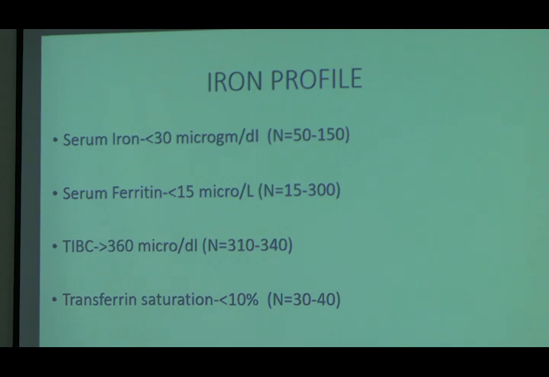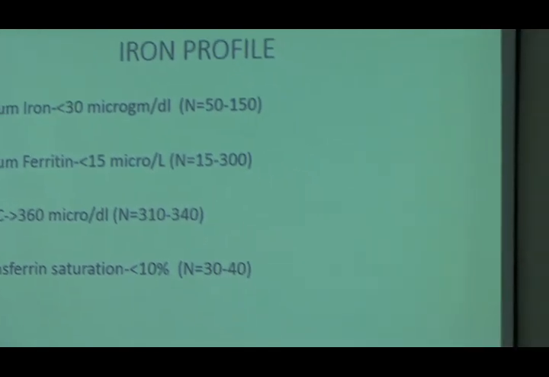In iron deficiency anemia, you will check the serum iron, and it is found to be reduced, almost less than 30 microgram per deciliter. You will check the ferritin level. What does ferritin indicate? Ferritin indicates the storage of iron.